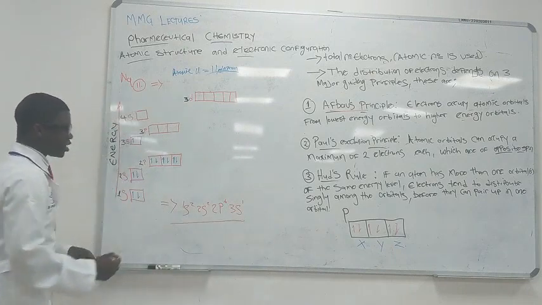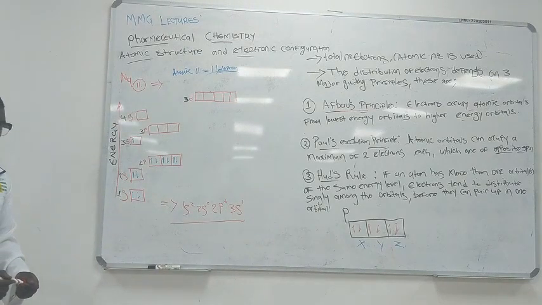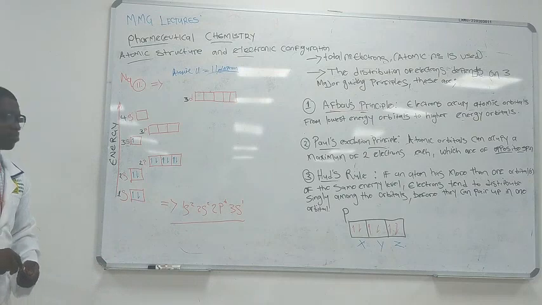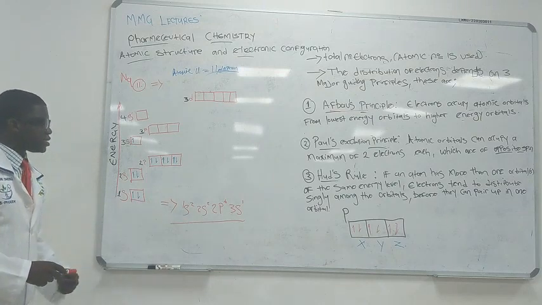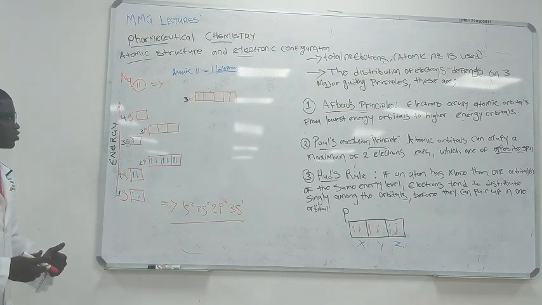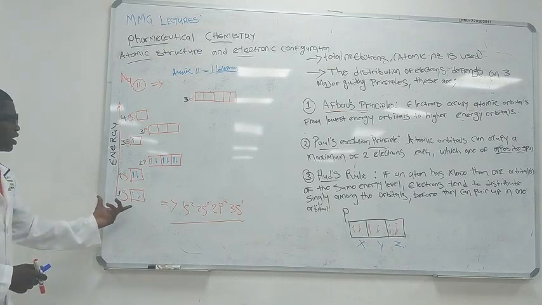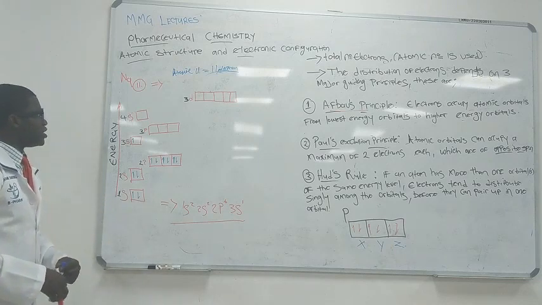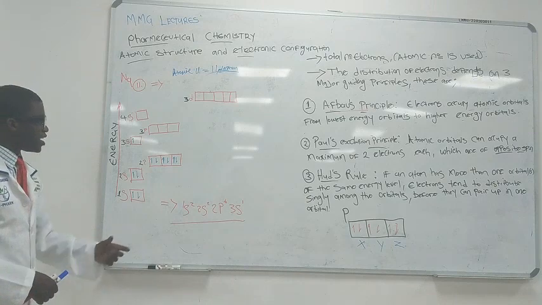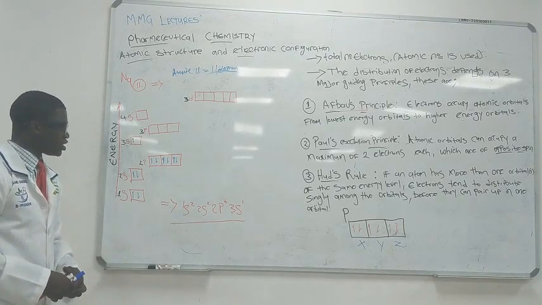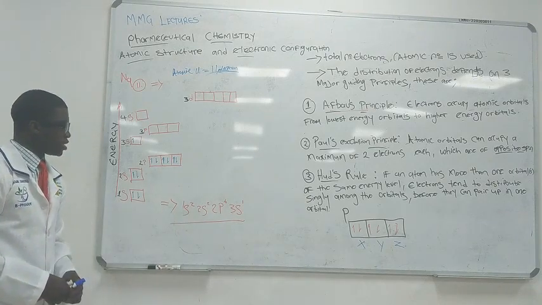Therefore, ladies and gentlemen, this is the electronic configuration of the atom sodium. So this is the electronic configuration of sodium based on the Aufbau model, and we're able to deduce various properties of sodium from this information.